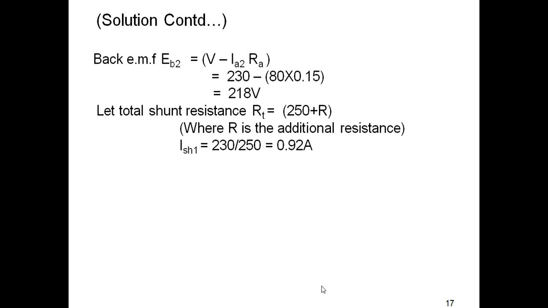Before insertion of this resistance, the value of ISH1 is equal to 230 by 250, which is equal to 0.92 amperes.